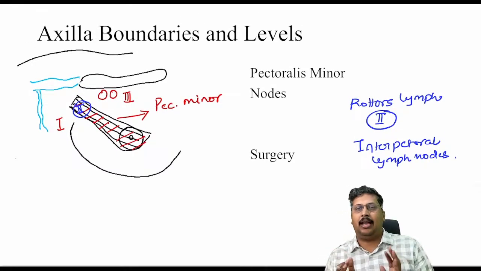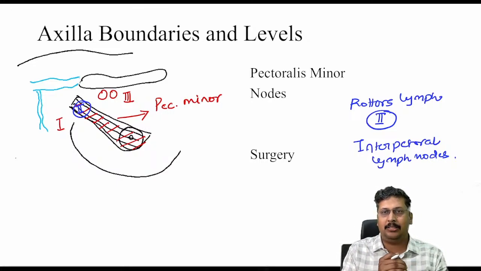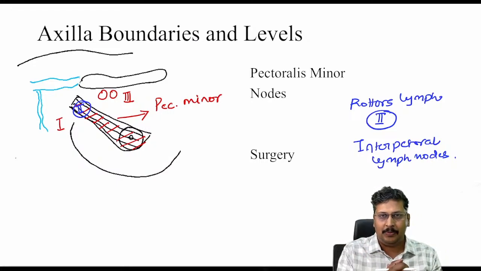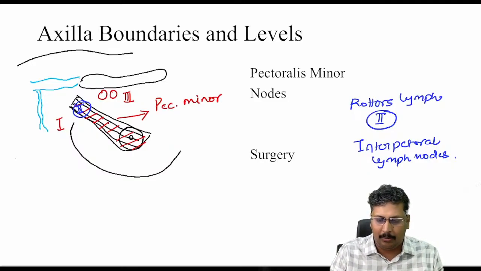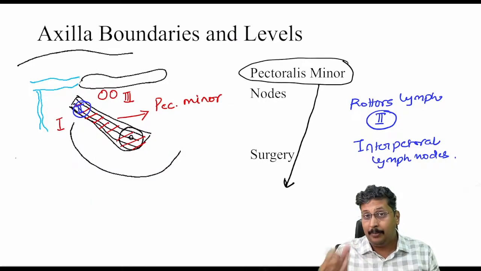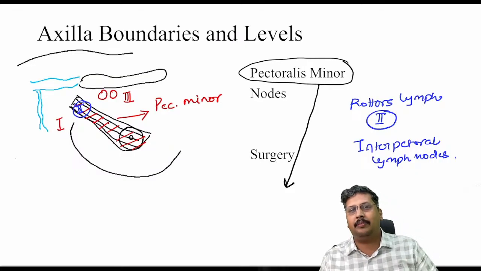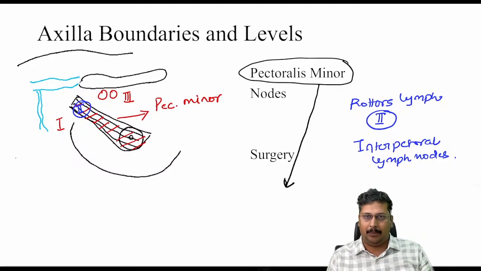But once you enter the axilla after completing the breast part of the surgery, the most important step is to retract the pectoral muscles. One more important muscle that we have to keep in mind while discussing pectoral modified radical mastectomy is the pectoralis minor muscle, because based on how you deal with the pectoralis minor muscle, historically the modified radical mastectomy is divided into three types.